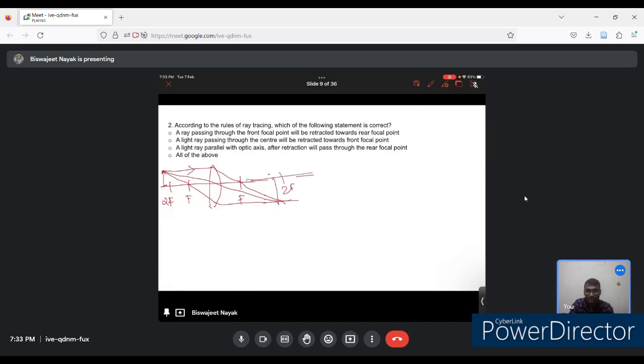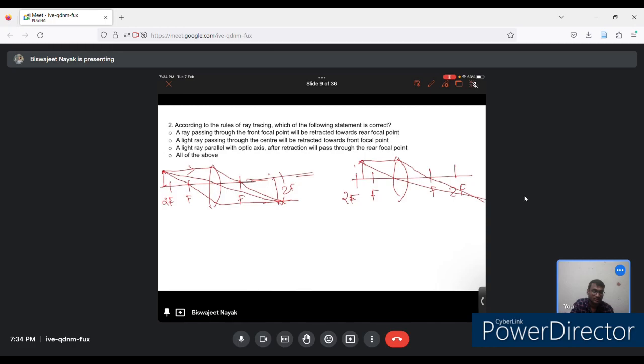So if the object is beyond 2f, then the image should form between f and 2f, and if the object is between 2f and f, then the image will form beyond 2f.